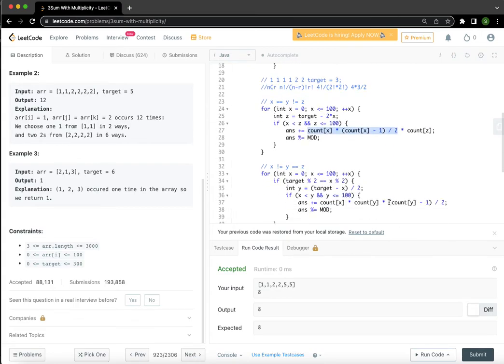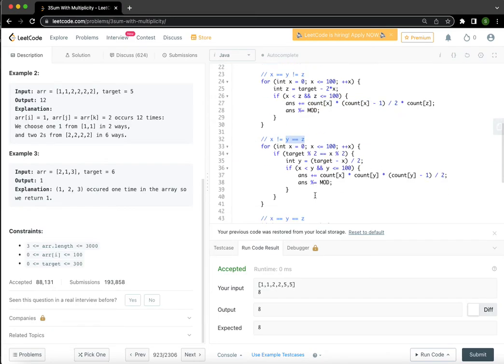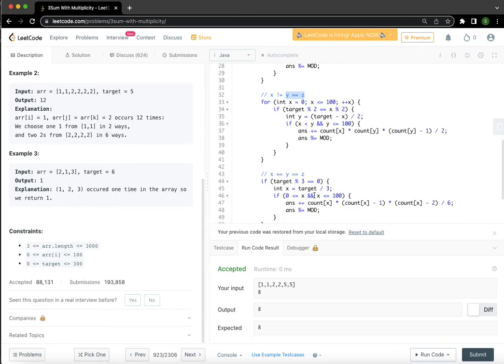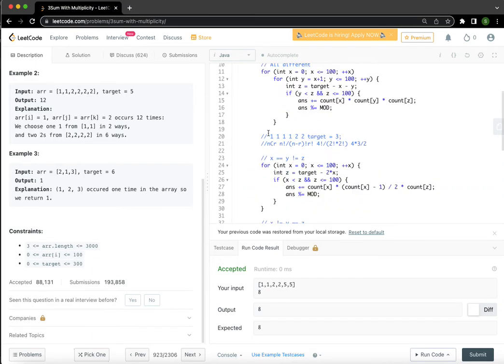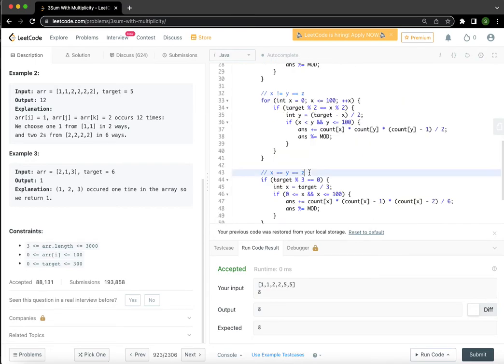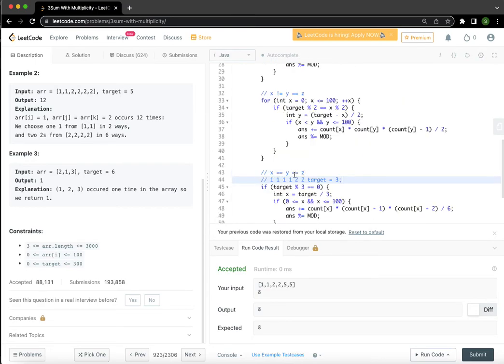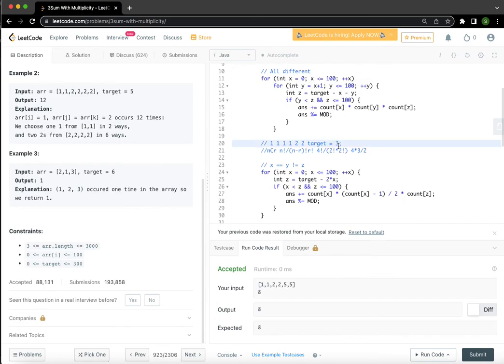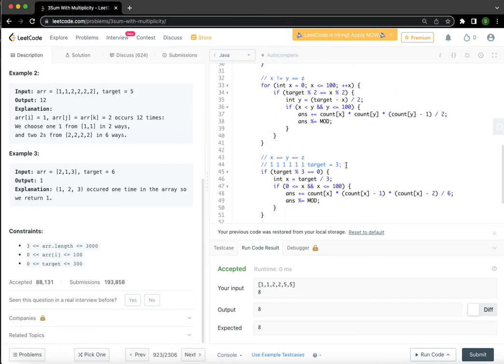And the same thing it does for conditions where y is equal to z. A similar approach it does when all 3 are the same. Here, again with an example, let's say the target is 3.